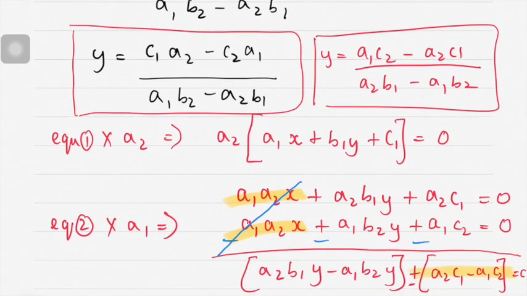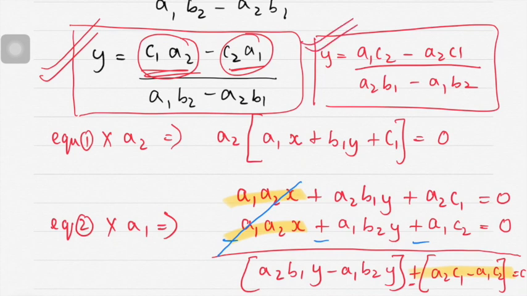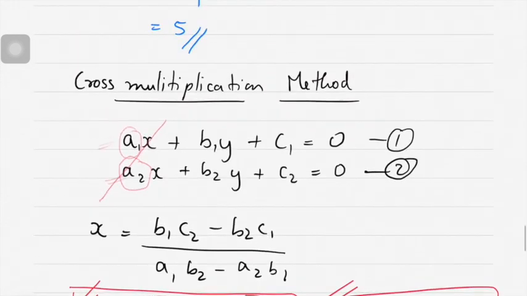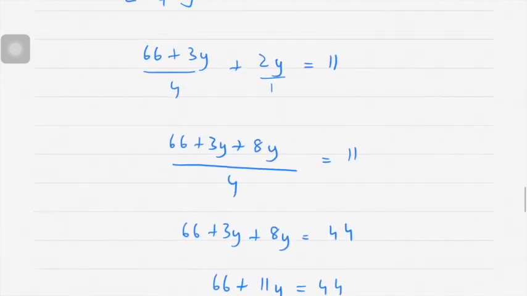Why doesn't it make any difference? Because you got the same formula only, but instead of this minus this, you got this minus this. That's it. So at the end you will get the correct answer only. In both ways you are going to get the same answer. If you do equation 2 minus equation 1, then you will get this answer. Because we have done equation 1 minus equation 2, we got this answer. If you want, you can check it.